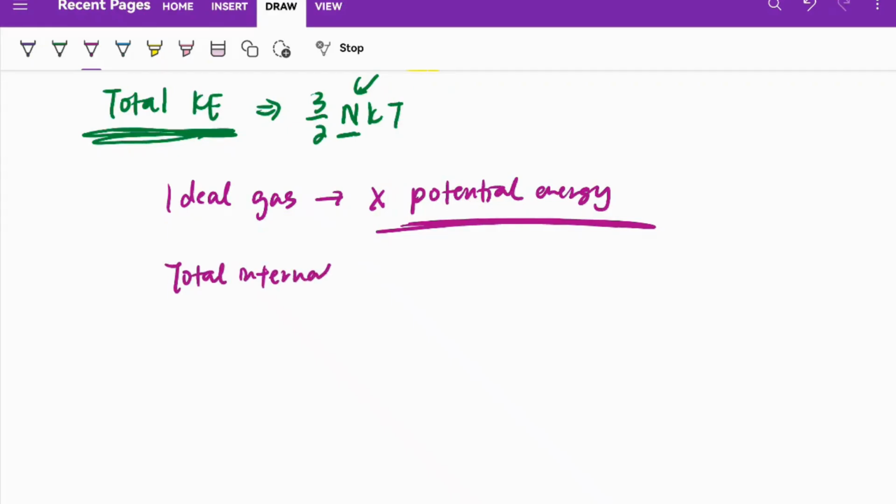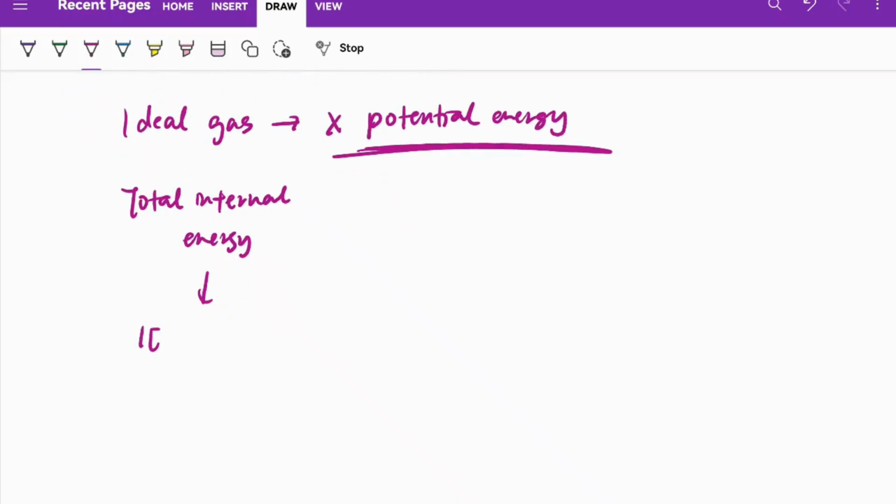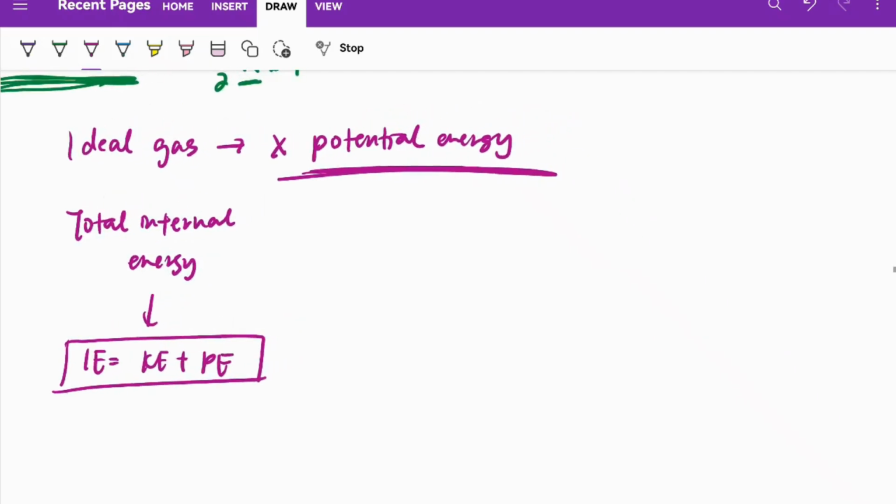Internal energy, I'm just going to put as IE, is kinetic energy plus potential energy. So for ideal gas, your total internal energy is actually just kinetic energy, because your PE is 0.